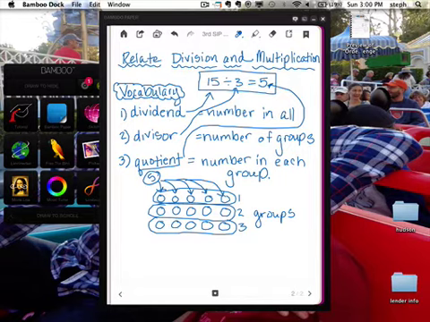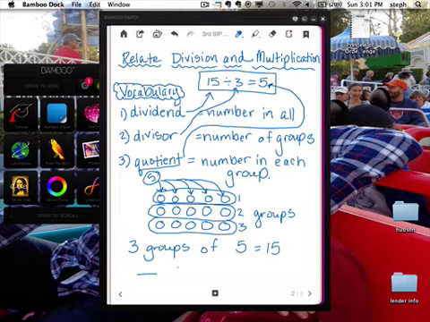So with multiplication, if you have 3 groups of 5, that's going to equal 15. The way the multiplication problem works is, let's put a line, a multiplication sign, a line, an equals, and another line.